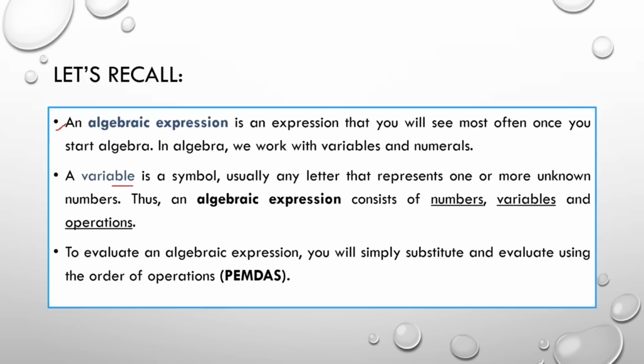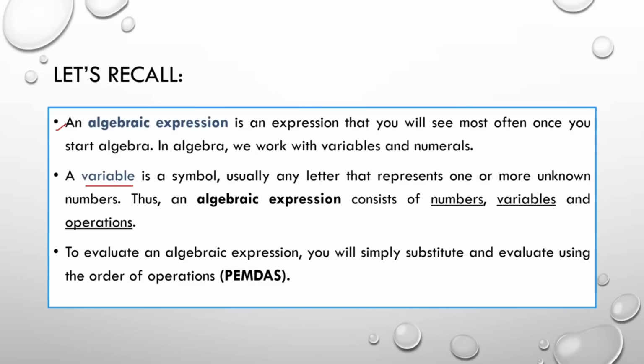We've learned that a variable is a symbol, usually any letter, that represents one or more unknown numbers. Thus, an algebraic expression consists of numbers, variables, and operations. And to evaluate an algebraic expression, we will simply substitute and evaluate using the order of operations, or PEMDAS.